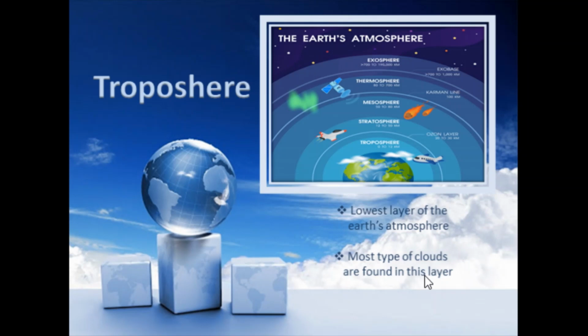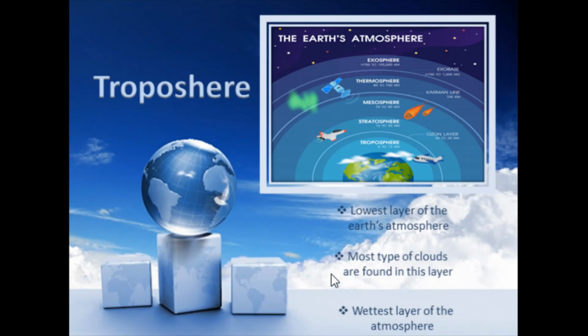What are those types of clouds? We have cirrus, cumulus, stratus, and nimbus clouds. Most of the time they are found on this layer. Troposphere is where most types of clouds are found. You can also see it in the picture above.